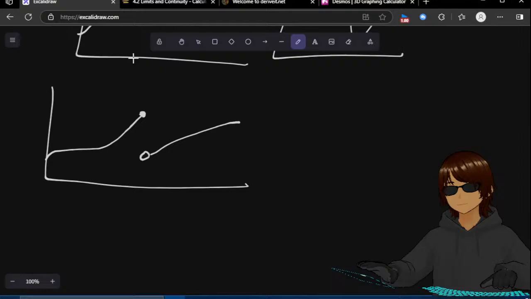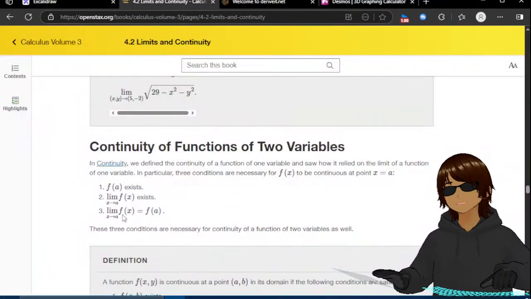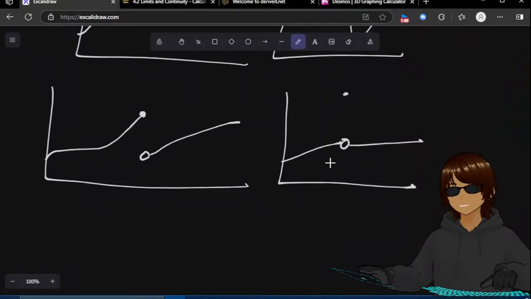Wait, I have a question. Yeah. Actually, if I have something like this, not defined here, but at this point, it's like over here. So f of x is defined, but for this point, there's like a jump. This violates the third point because the limit is defined, the limit on the right side and left side going to the same point.